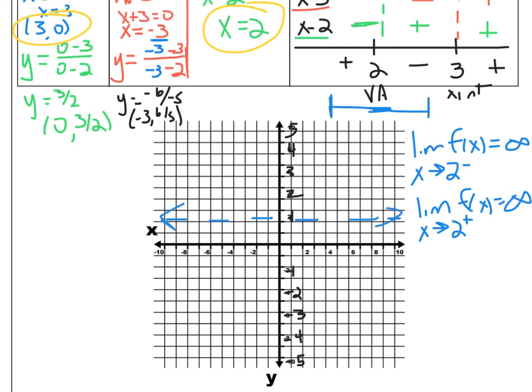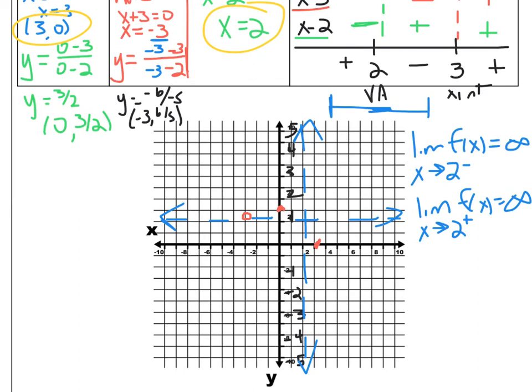I have a vertical asymptote at 2. I have an x-intercept at (3, 0). I have a y-intercept at 1.5. I have a hole at (-3, 6/5). So 6/5 is just going to be a little bit over 1. And we know we're not crossing.